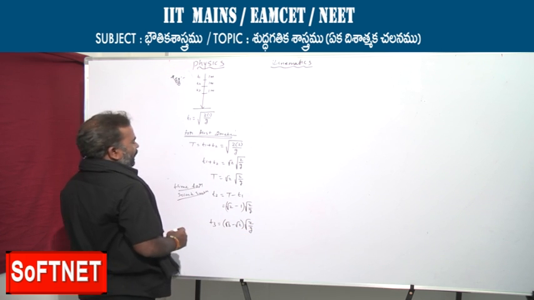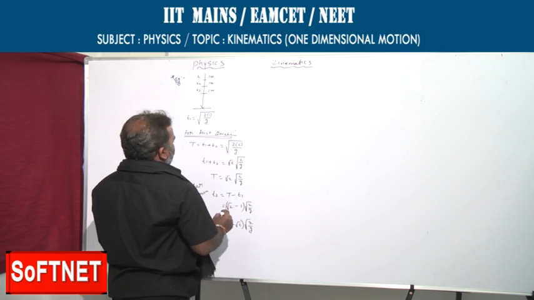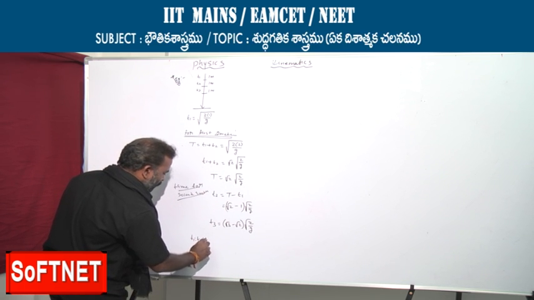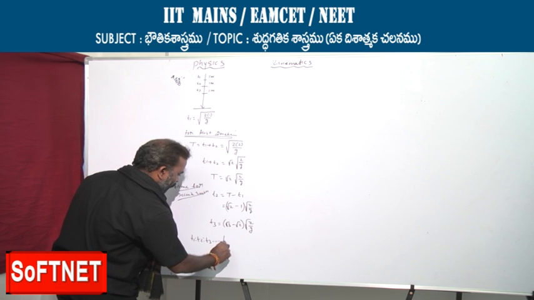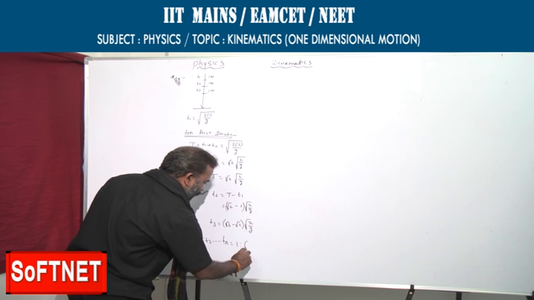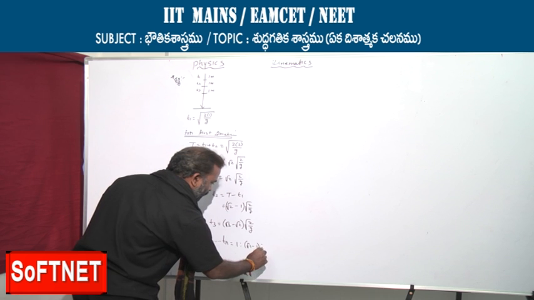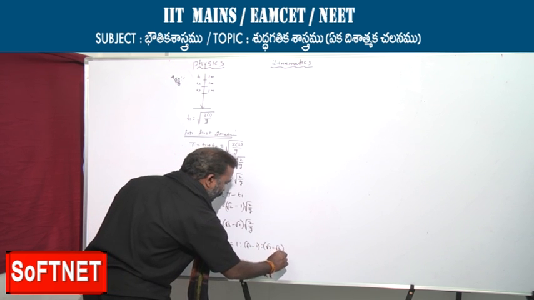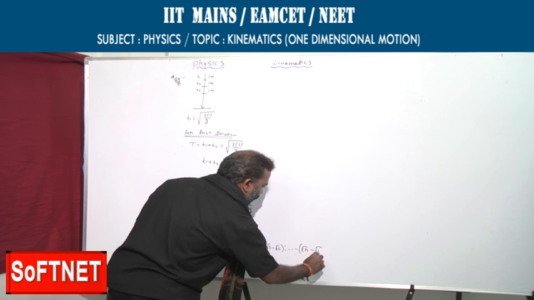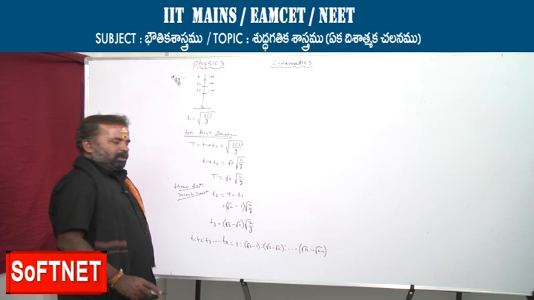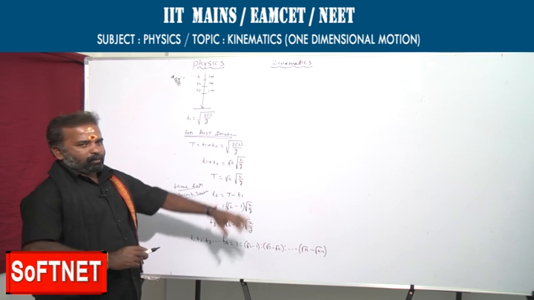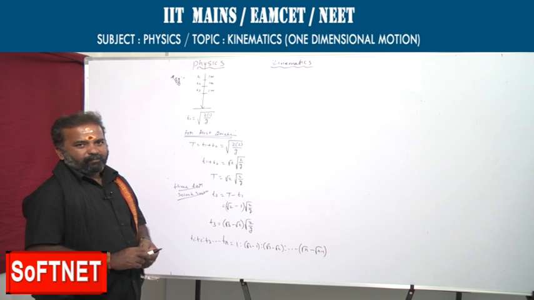So for nth 1 meter, the ratio of times t1 : t2 : t3 up to nth 1 meter becomes 1 : root 2 minus 1 : root 3 minus root 2, and so on up to root n minus root of n minus 1. This is the ratio of times to cover first 1 meter, second 1 meter, third 1 meter and up to nth 1 meter for a freely falling body.